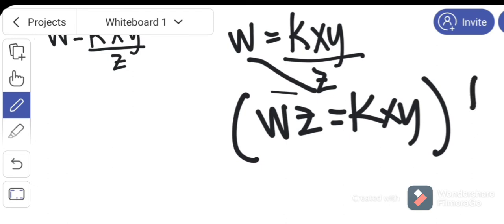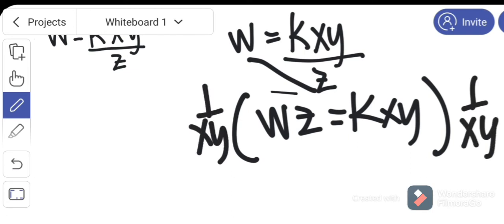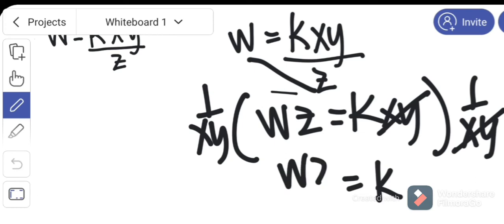So we will multiply both sides by 1 over xy. Then this will be cancelled because xy over xy is equal to 1. And what we have left on the right side is k times 1, so that would be k. And on the left side of the equation, we have 1 over xy times wz, which is wz over xy.